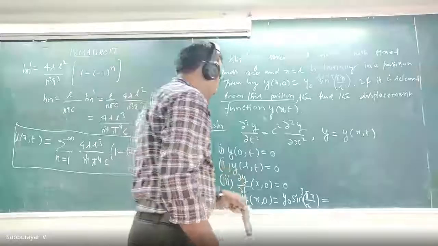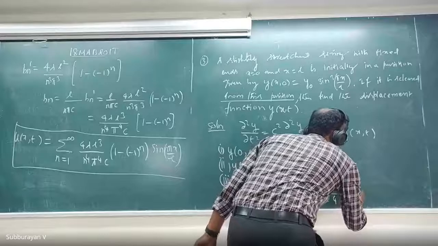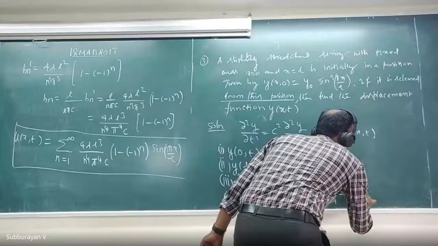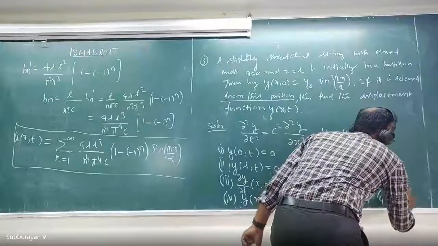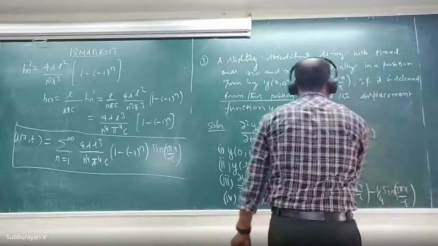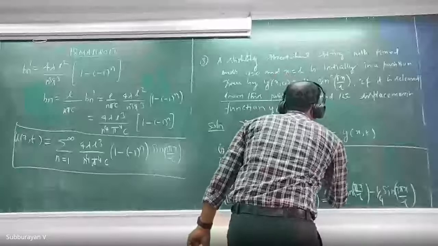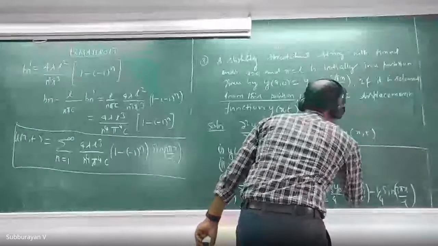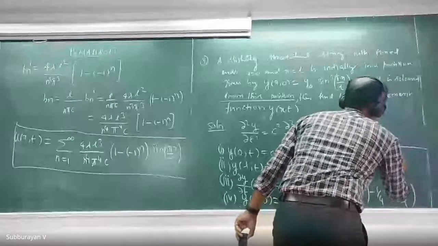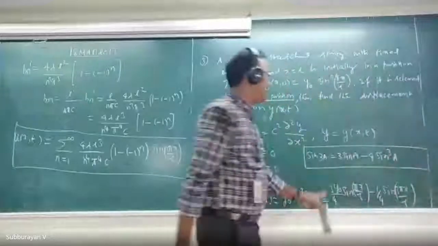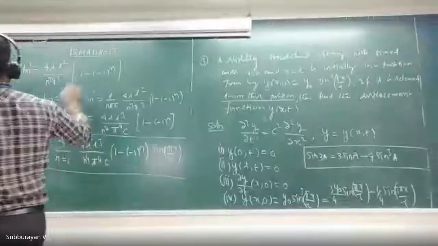If I apply this identity here, then we get 3 y0 by 4 into sin pi x by L minus 1 by 4 into sin 3 pi x divided by L. I applied this identity to rewrite the last initial condition.